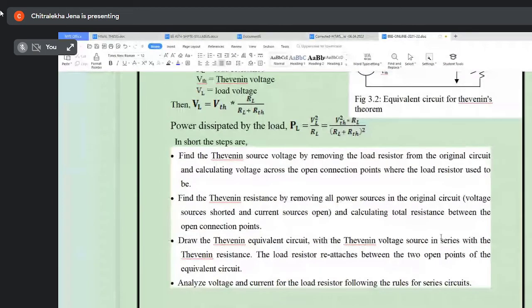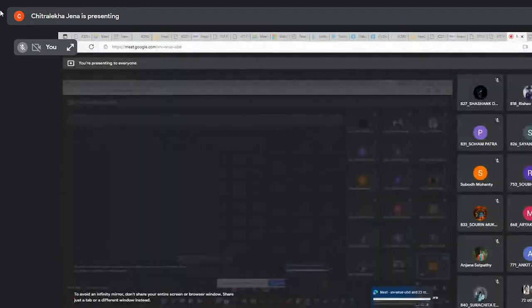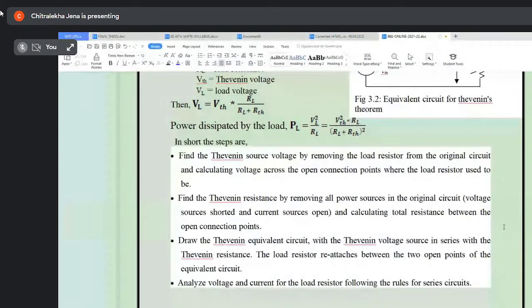So the first step is, whichever branch you need to find the value of the current in, you will remove that one. Then what is your second step?